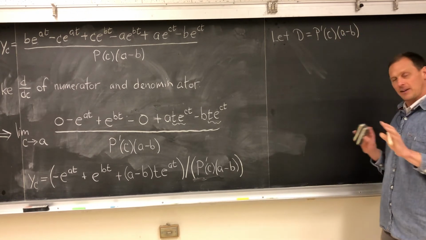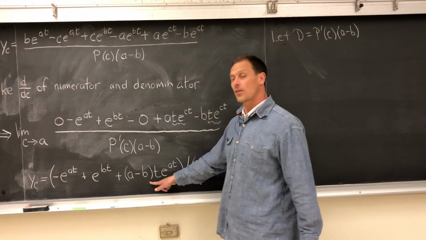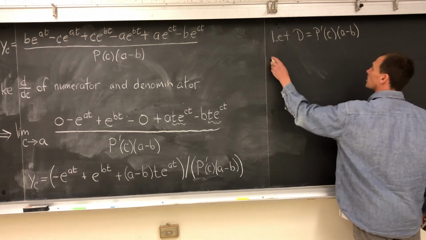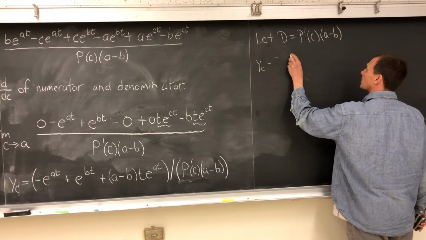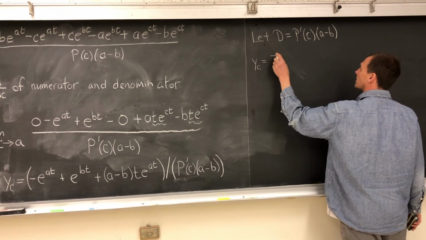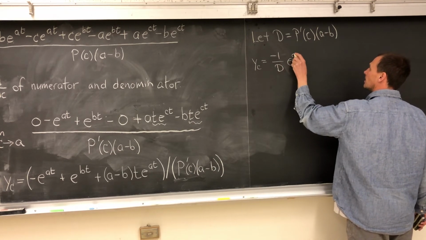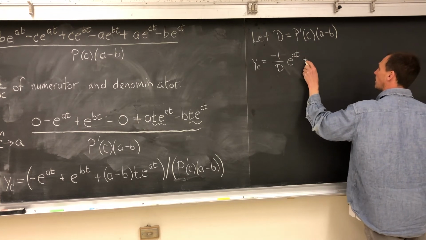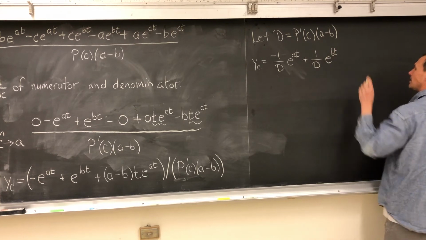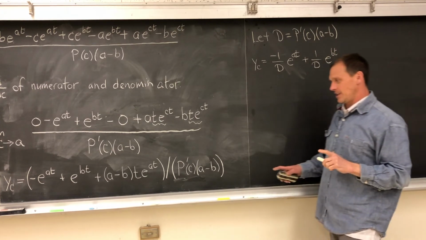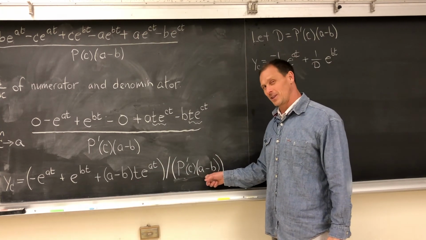So when I unpack this fraction, this is a common denominator. It's common to the first term, second term, and third term. So I can write my complete solution as minus 1 over d e to the at plus 1 over d e to the bt. Now, when I unpack this fraction, notice my last term has an a minus b, and so does my denominator.